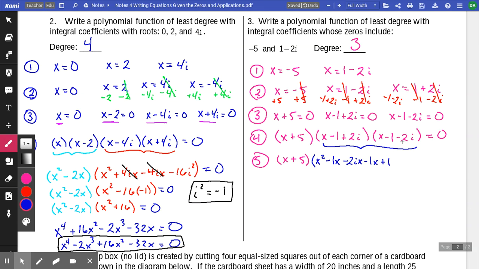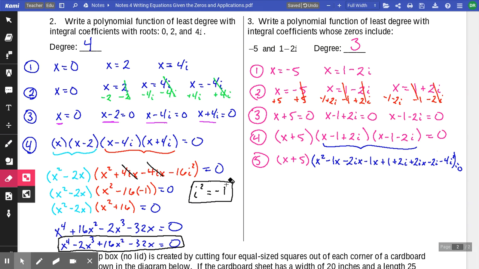And negative 1 times negative 2i is positive 2i. And then lastly, 2i times x is plus 2ix. 2i times negative 1 is minus 2i. And then 2i times negative 2i is negative 4i squared. And there's that i squared again, which we know is going to be rewritten as negative 1.